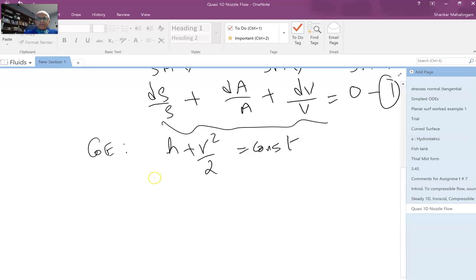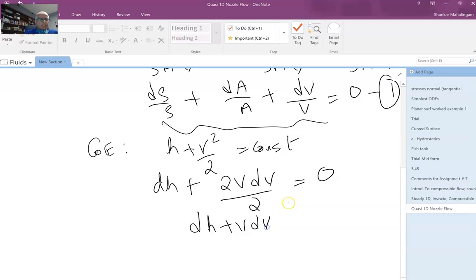If I take the differential of this expression, I get dH plus 2V dV divided by 2 equals 0. In other words, dH plus V dV equals 0, and we label this as equation 2. So equation 1 is a statement of conservation of mass, and equation 2 is a statement of conservation of energy in its differential form.